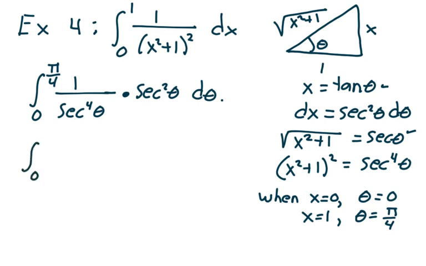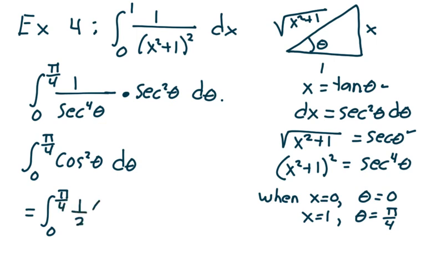And so this is the integral from 0 to pi over 4 of cosine squared theta d theta. And so this is the integral from 0 to pi over 4 of 1/2 of (1 plus cosine 2 theta) d theta.